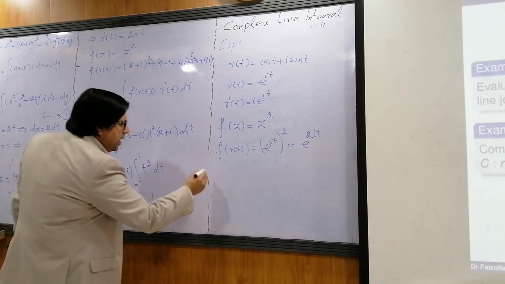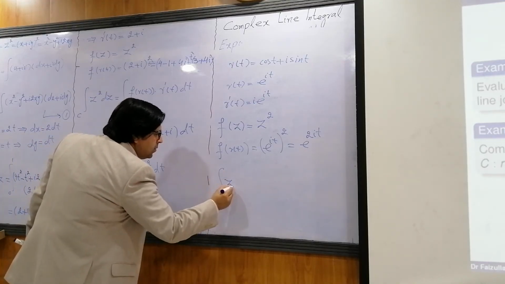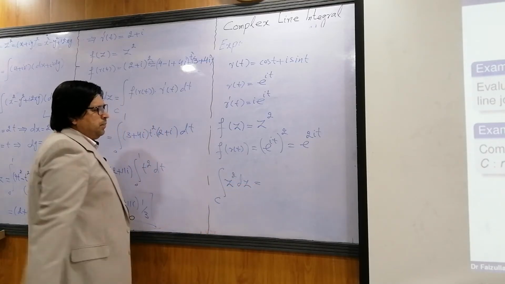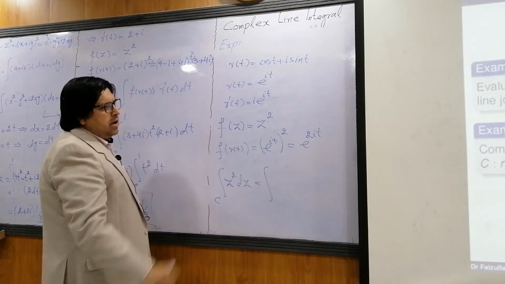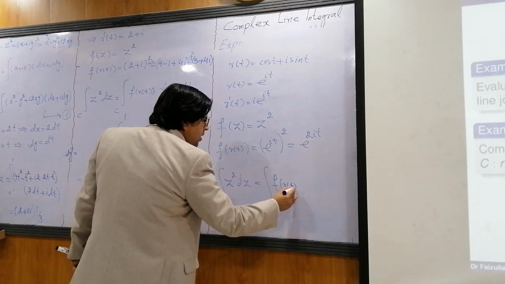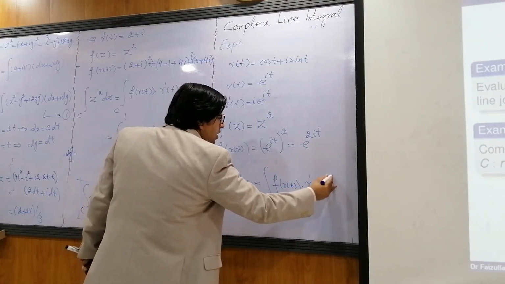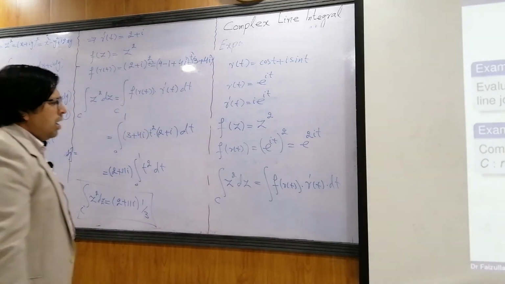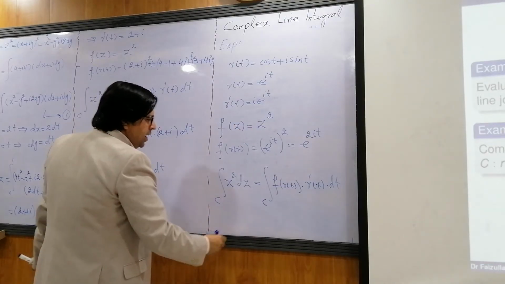And now I can use the method that the integration of z square along the curve C is the integration of f of r of t into r dash of t dt. The limits for t are already given, so let us put the values in this formula.